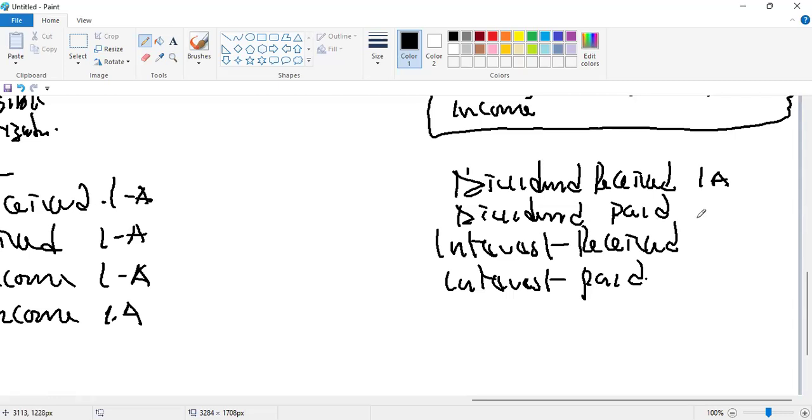Dividend paid? Financing activity. Interest received? Investing. Interest paid? Financing activity.